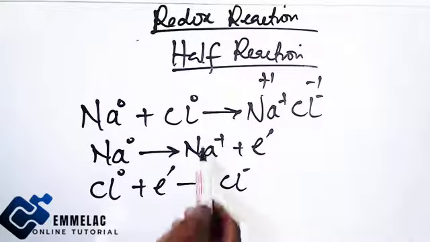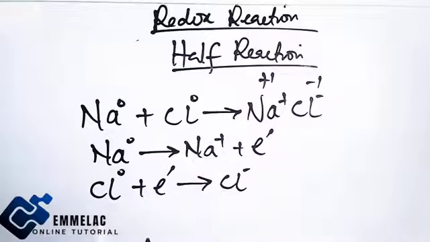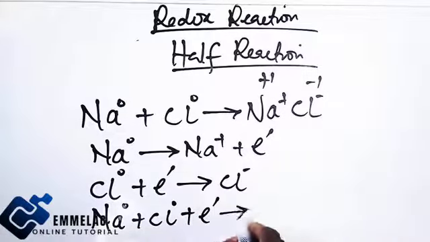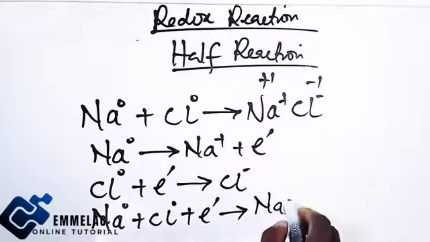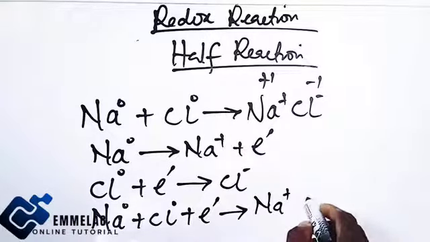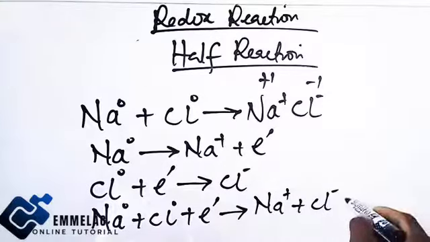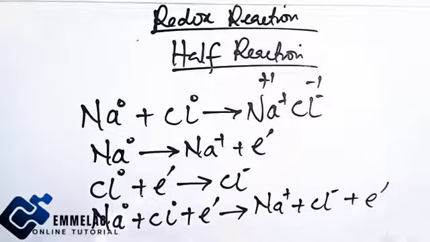Now let us combine these two together. In this state here, we have sodium plus chlorine plus this electron gives you sodium plus, plus chlorine negative, plus this electron.